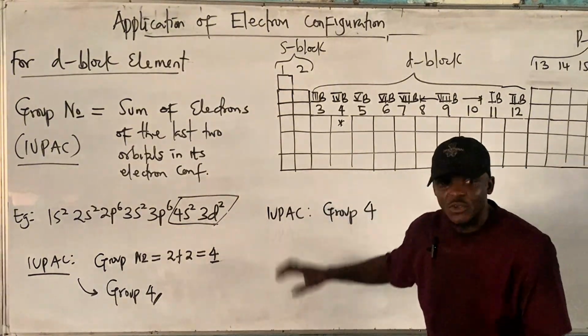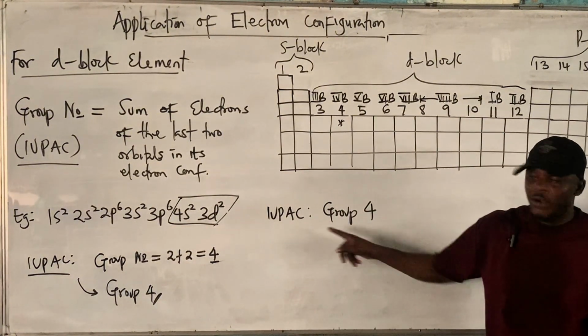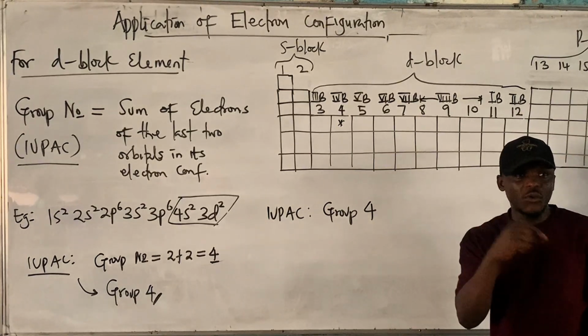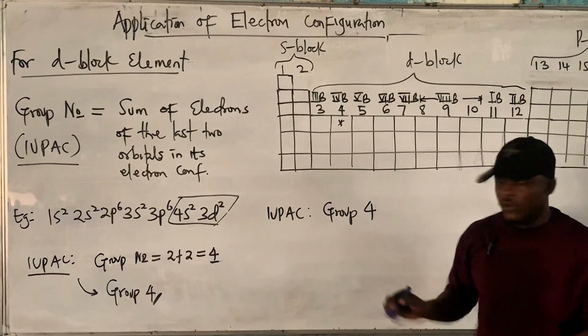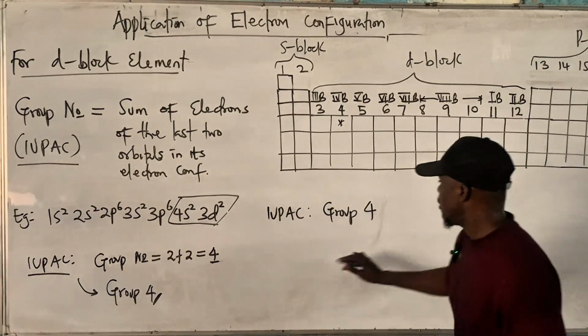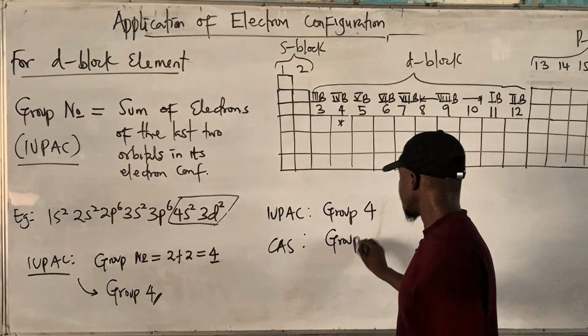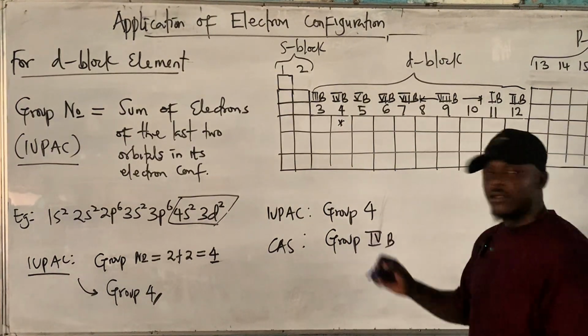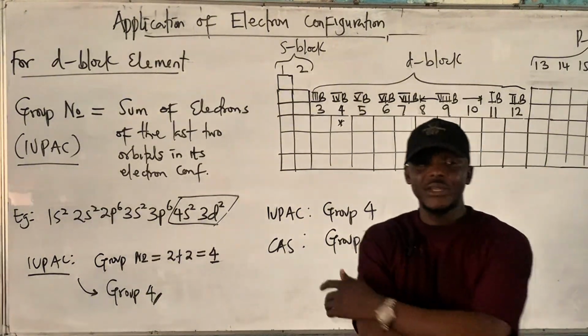But for d orbital, you cannot do the CAS independently. You must first do the IUPAC. From the IUPAC, you then say, what is the equivalent of group 4 in America? Group 4 is 4B. So that is it, and we are done with that part.